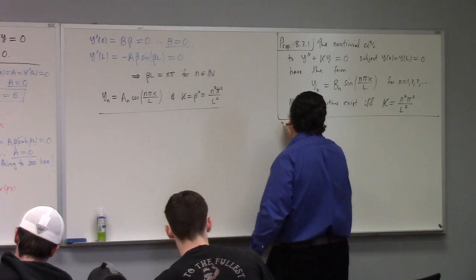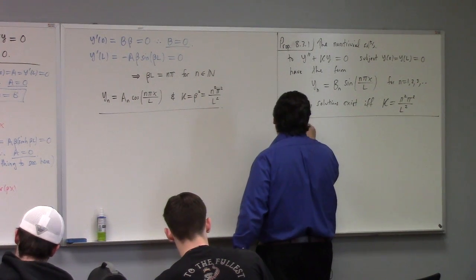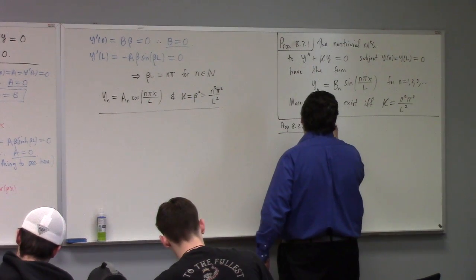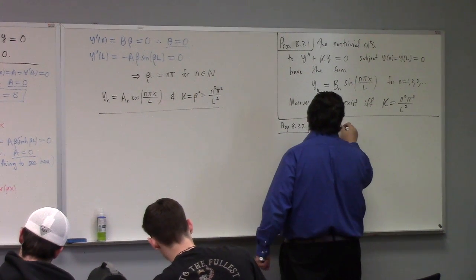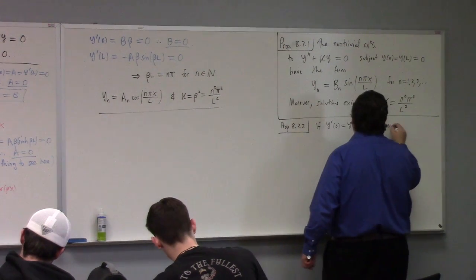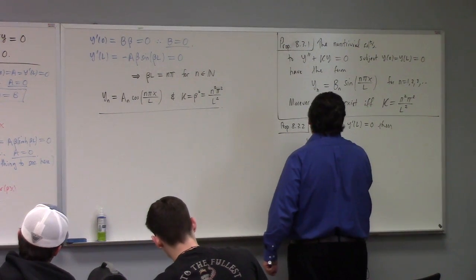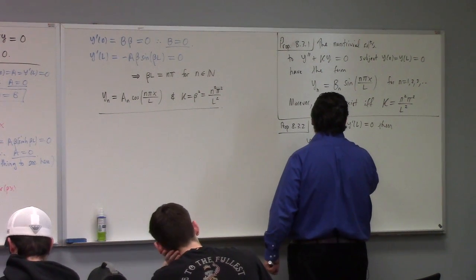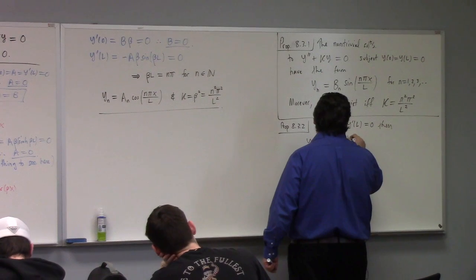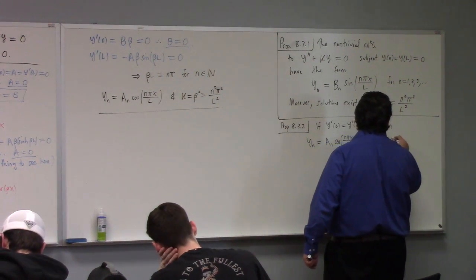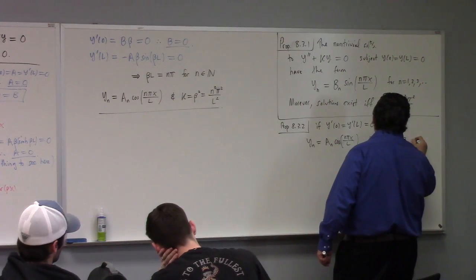So that gives us proposition 8.32, which says that if y prime of 0 is equal to y prime of L is equal to 0, then we get y_n is equal to a_n cosine of n pi x over L for n equals 0, 1, 2, 3, and so on.